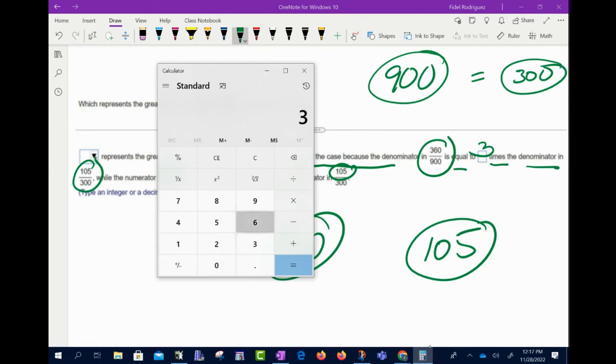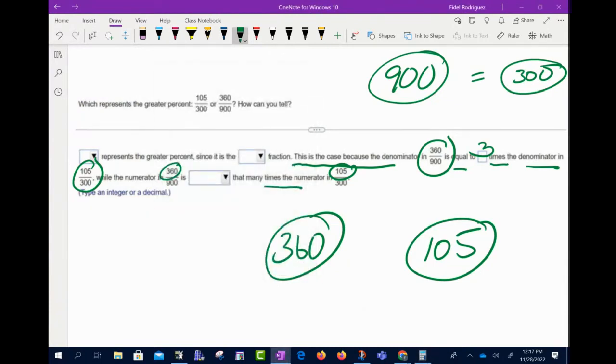Let me take 360 divided by 105, and I'm coming up with about 3.42. Let me make sure I'm doing this right.